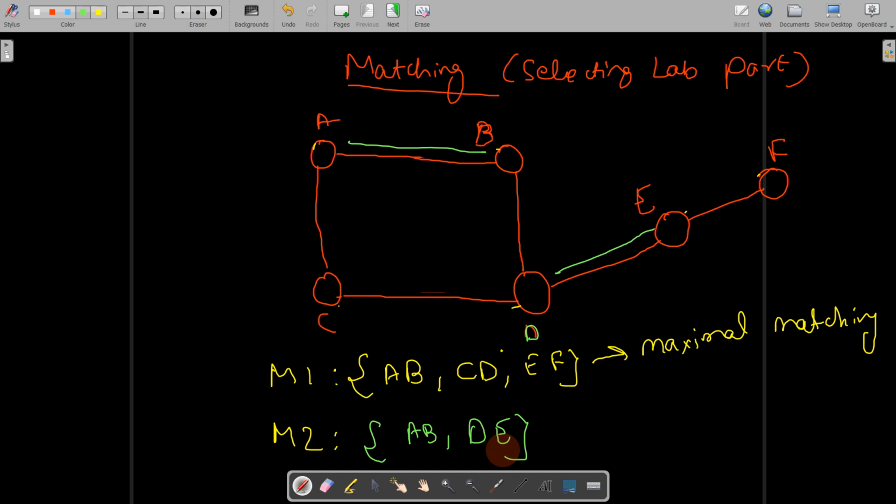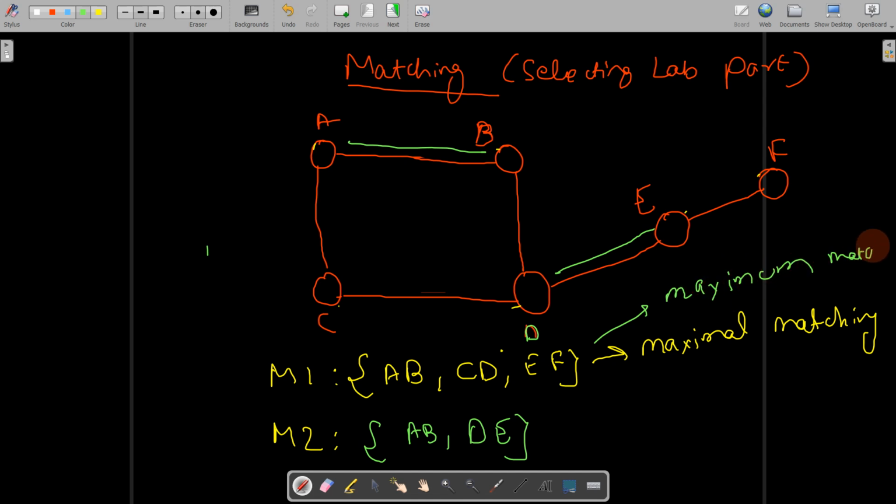Is this a maximum matching? Maximum matching means, in the whole graph, are there any matchings having more edges than M2? Yes, there is a matching M1 having 3 edges. Can we have any other matching with more than 3 edges? No. So this M1 is a maximum matching.